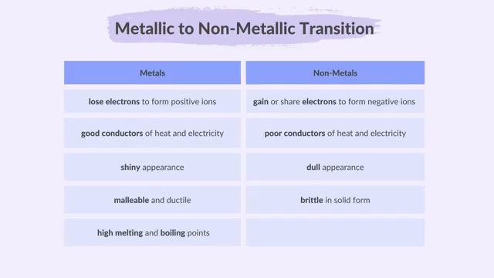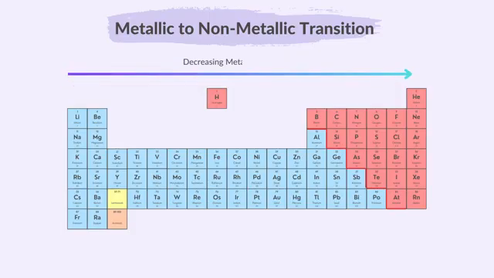They are brittle in solid form, and they generally have low melting and boiling points. So, as you go across a period, elements gradually lose metallic characteristics and gain non-metallic characteristics. We will learn more about metals in the next chapter.